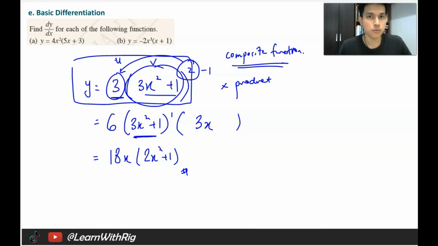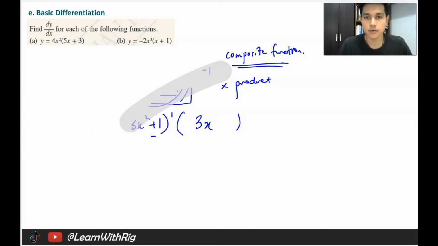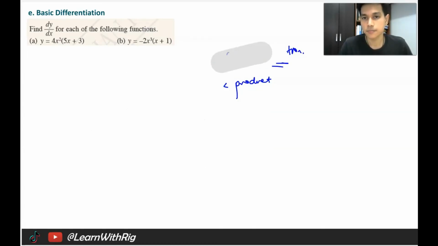So you don't have to use product rule, you just use composite function. But if you notice, like the question we are going to solve later, you got x here and x here, then you know for a fact you have to use product rule. Clear? Unless you can simplify it, then you can use the basic differentiation. If you cannot simplify, you use product rule.